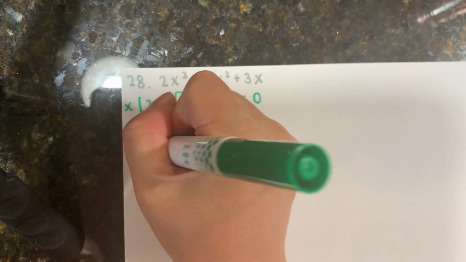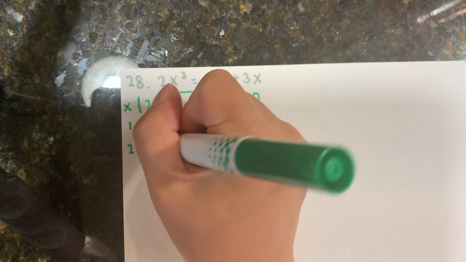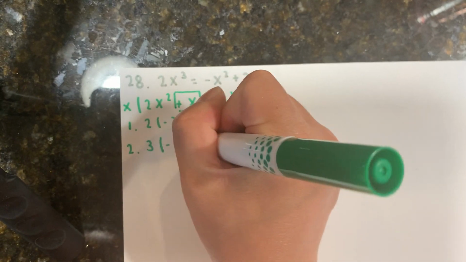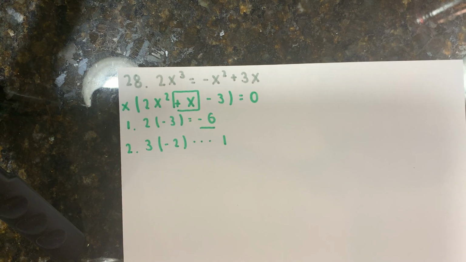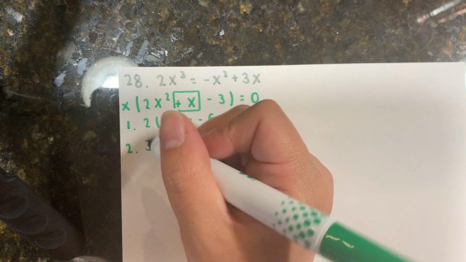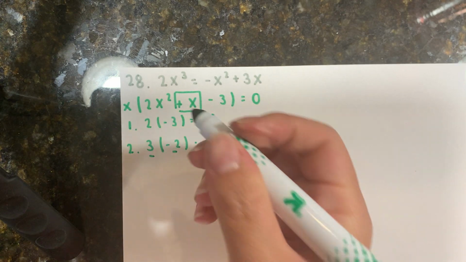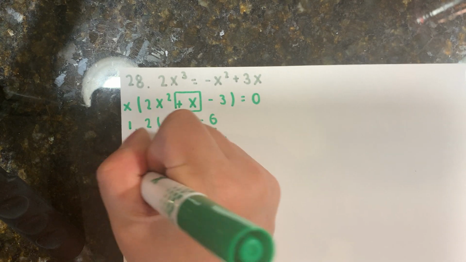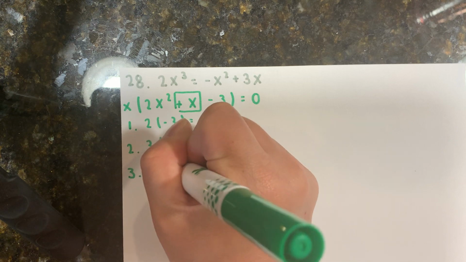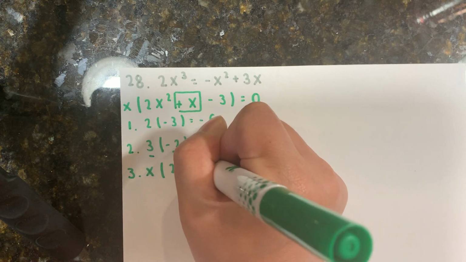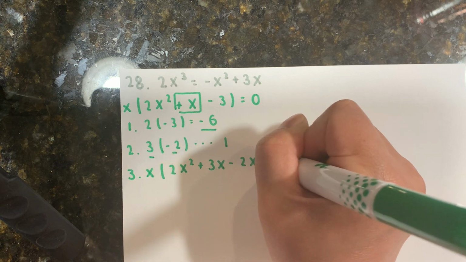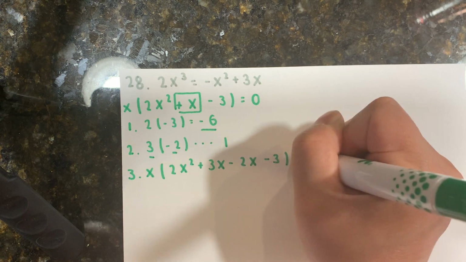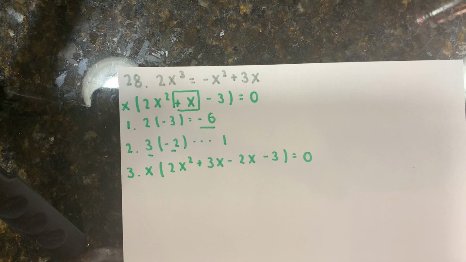So 3 times negative 2 adds up to give me 1, but multiplies to give me negative 6. Now the 3 and the negative 2 replace your middle term. So I would have x times 2x squared plus 3x minus 2x minus 3 equals 0.